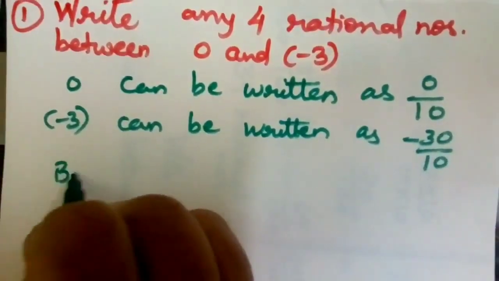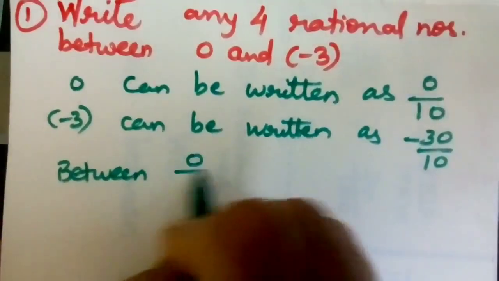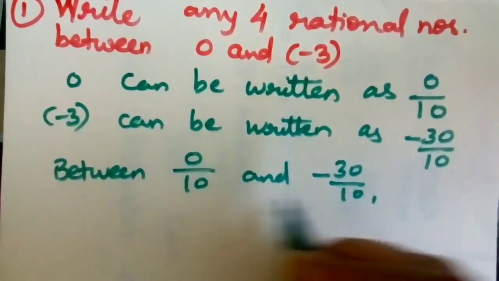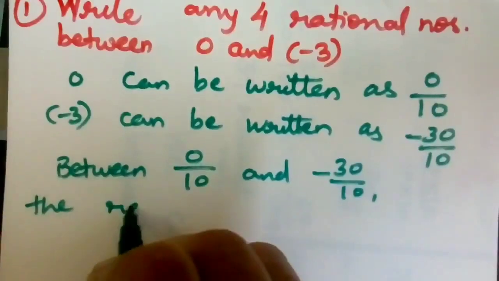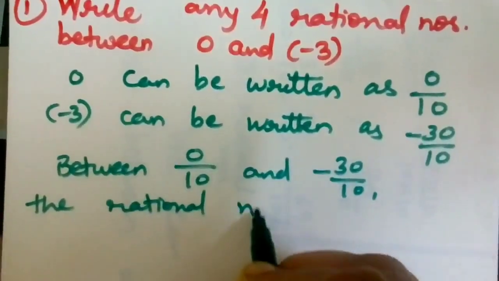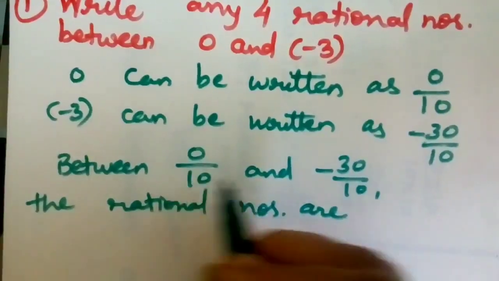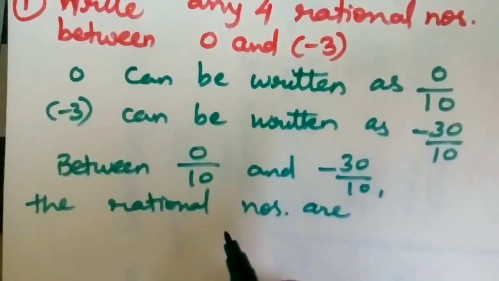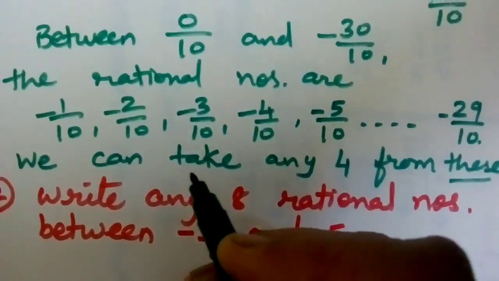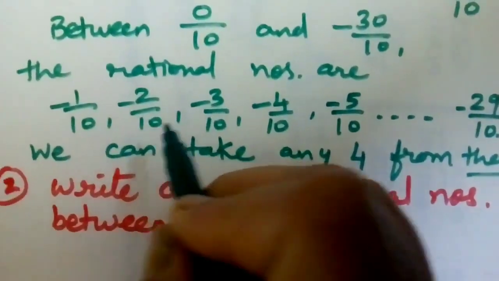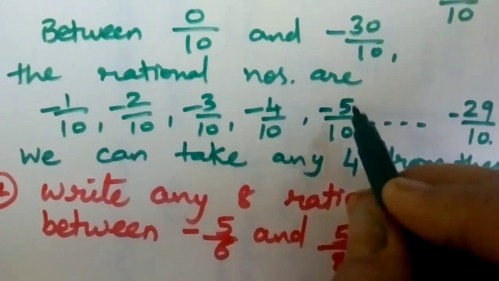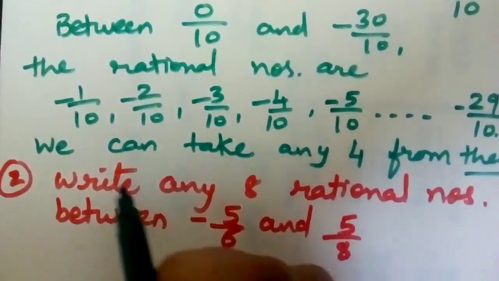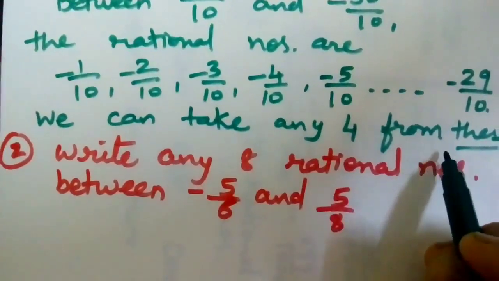Now between 0 upon 10 and -30 upon 10, the rational numbers are, we can see from 0 to -30. So starting from 0, we will go to the negative side on the number line. We will get -1 upon 10, -2 upon 10, -3 upon 10, -4 upon 10, -5 upon 10, up to -29 upon 10. So out of these we can take any four numbers.